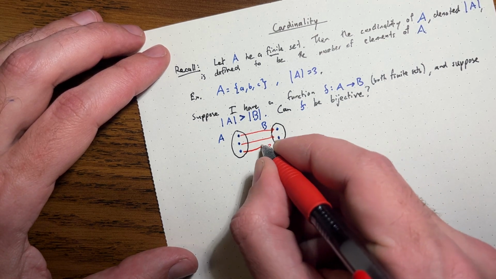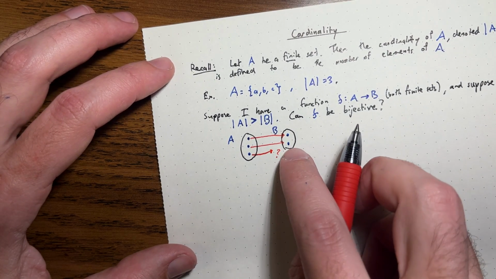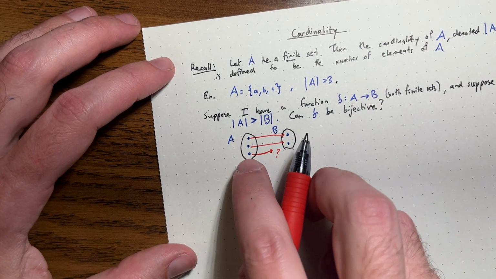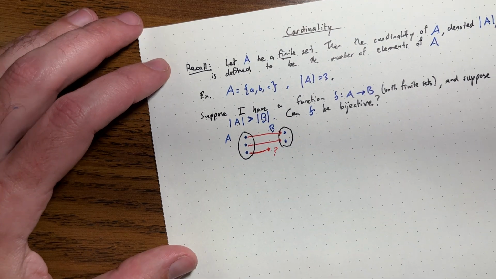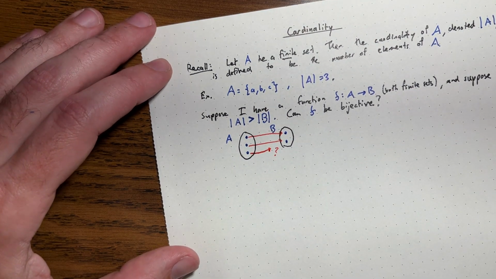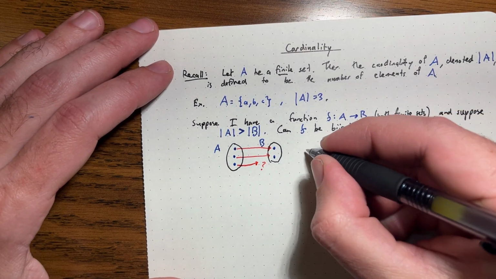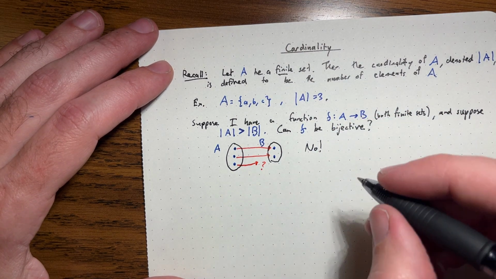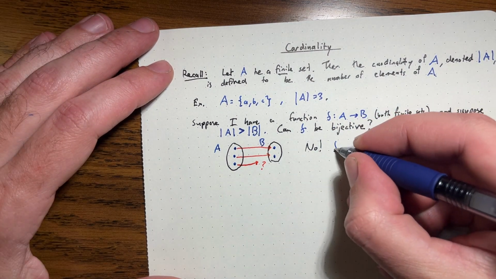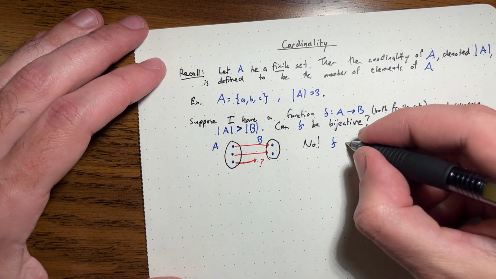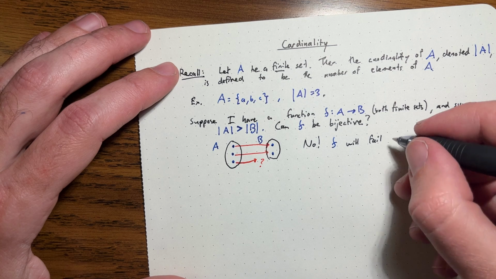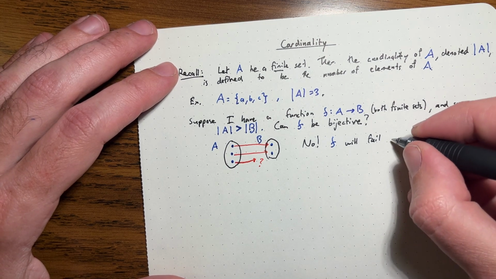So let's put a question mark. Why? Because then the function would fail to be injective. We'll have a 2-to-1 mapping there. So yeah, the answer is no. It's because f will fail to be injective. There will be 2 elements of A that have to map to the same element of B.